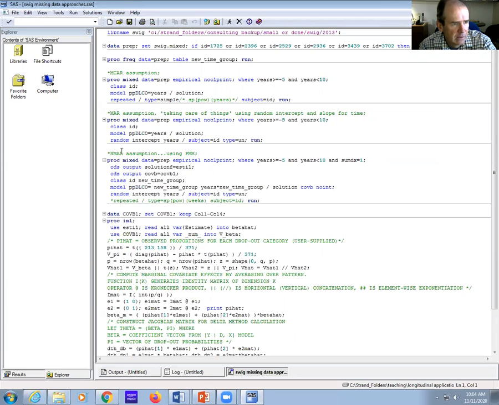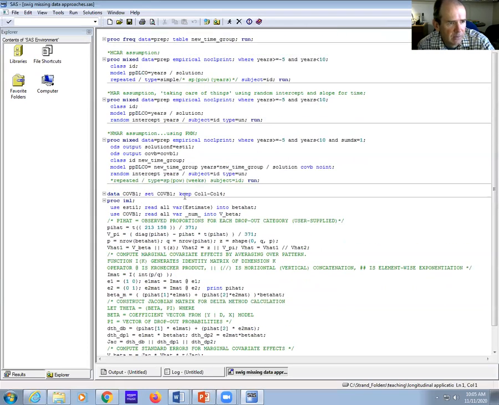And then for the missing not at random approach, we put in time group, which is the early dropouts versus the late, the subjects that stayed in for a longer period of time. You create a variable for that. That's the new time group. Then you allow an interaction between that and time, and you can obtain your separate regression lines for those.